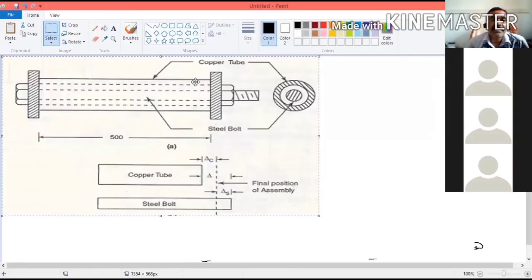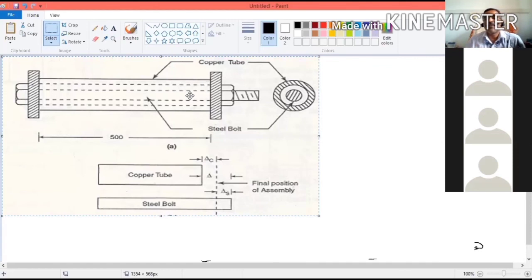Delta C is the compression of the copper tube, and the compressive load is PC. Similarly, the extension of the bolt, which is made of steel, is delta S, and the tensile load acting on the steel bolt is PS.